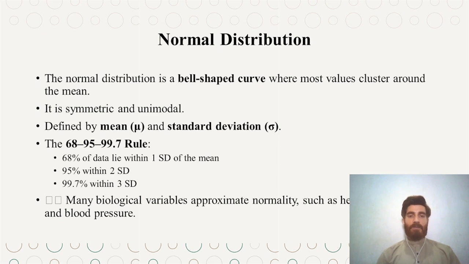In this type of curve, the mean, median, and mode coincide with one another. And the rule for the normal distribution is that at one standard deviation, 68% of the data lies. At two standard deviations, 95% of the data lies, and at three standard deviations, 99.7% of the data lies.